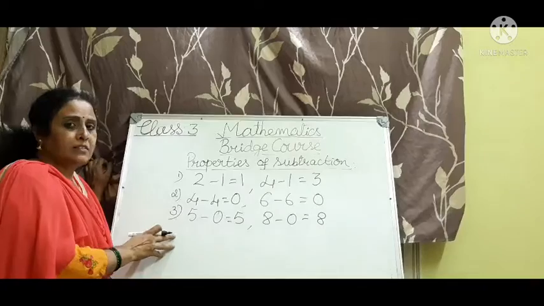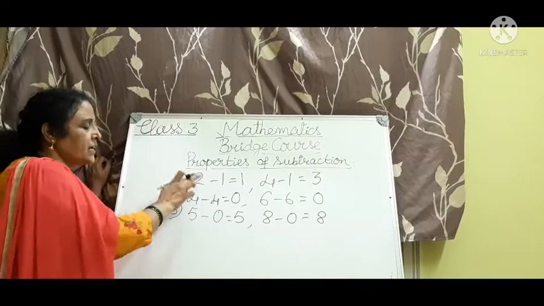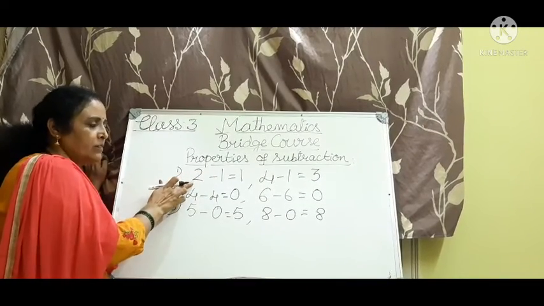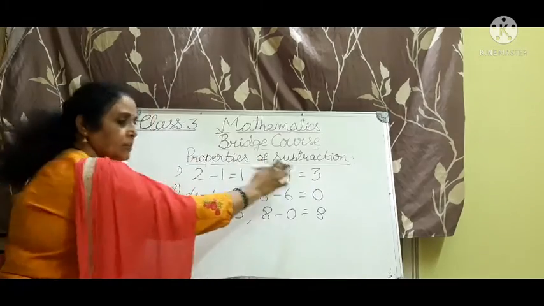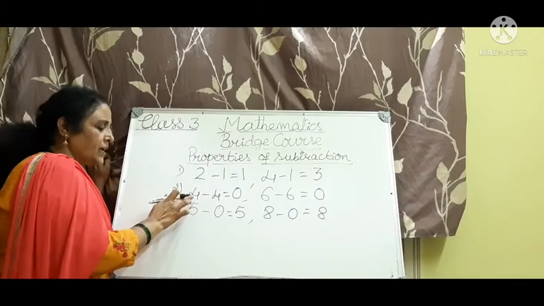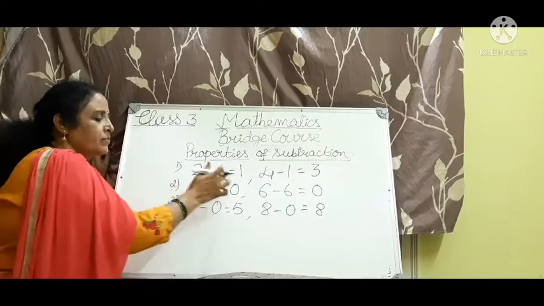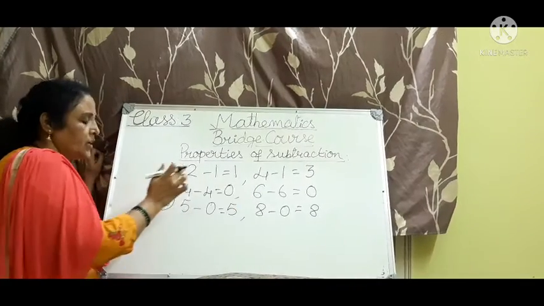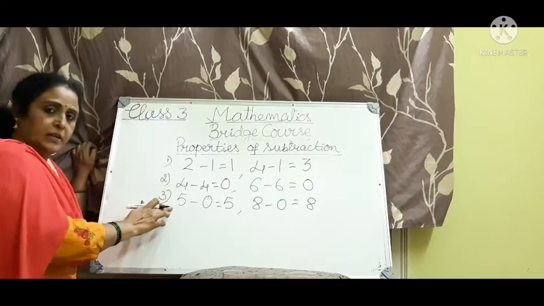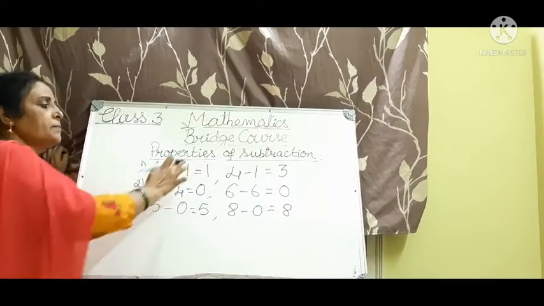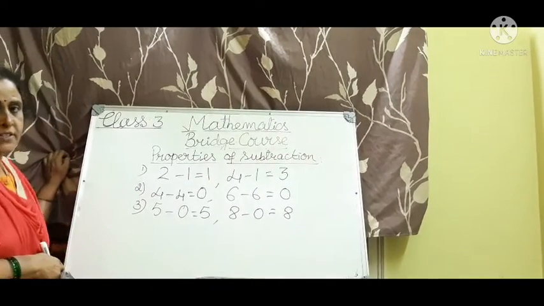This is the third property. Once again, if we subtract 1 from any number, we will get the before number. If we subtract the number from itself, we will get 0. If we subtract 0 from any number, we will get the same number. These are the properties of subtraction.